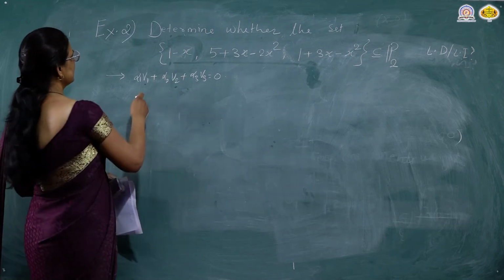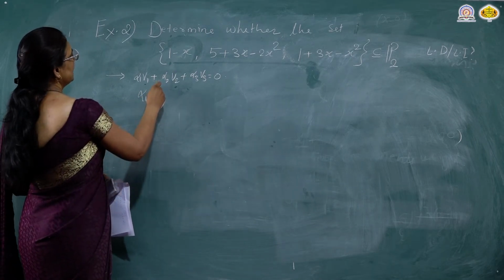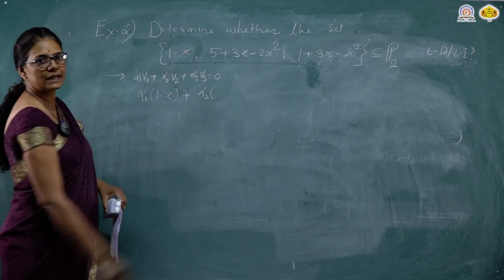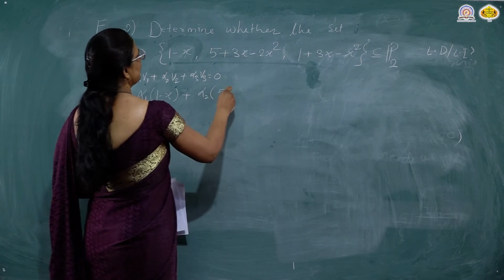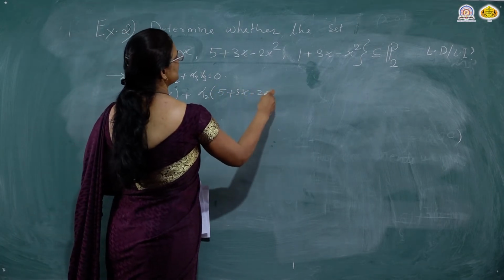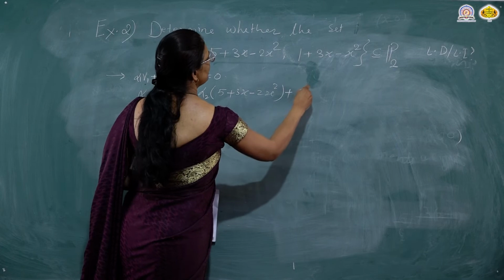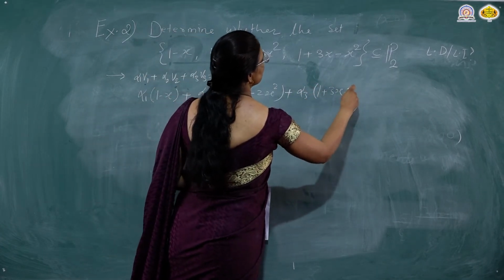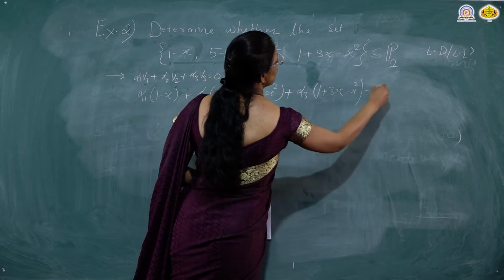Now put these 3 vectors here. So alpha 1 times the first vector 1 minus x, alpha 2 times the second vector 5 plus 3x minus 2x square, plus alpha 3 times the third vector 1 minus 3x, 1 plus 3x minus x square is equal to 0.